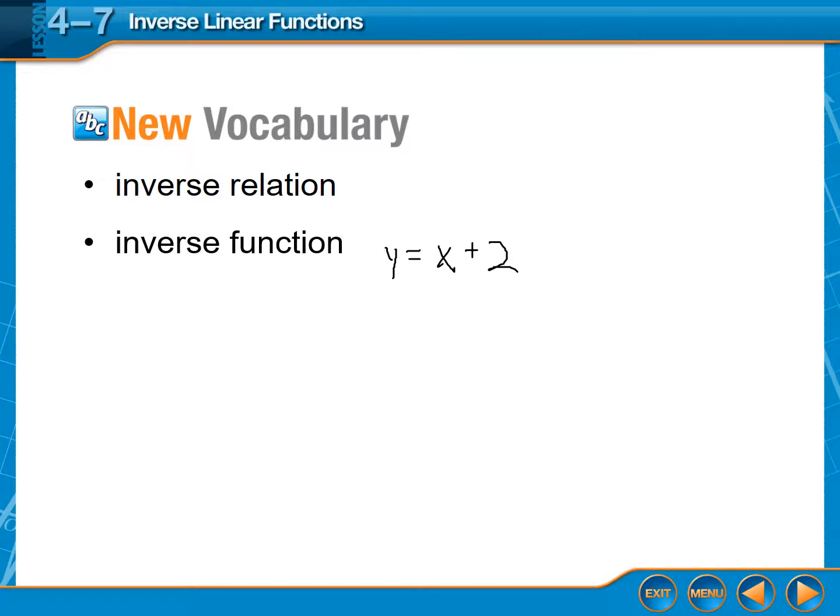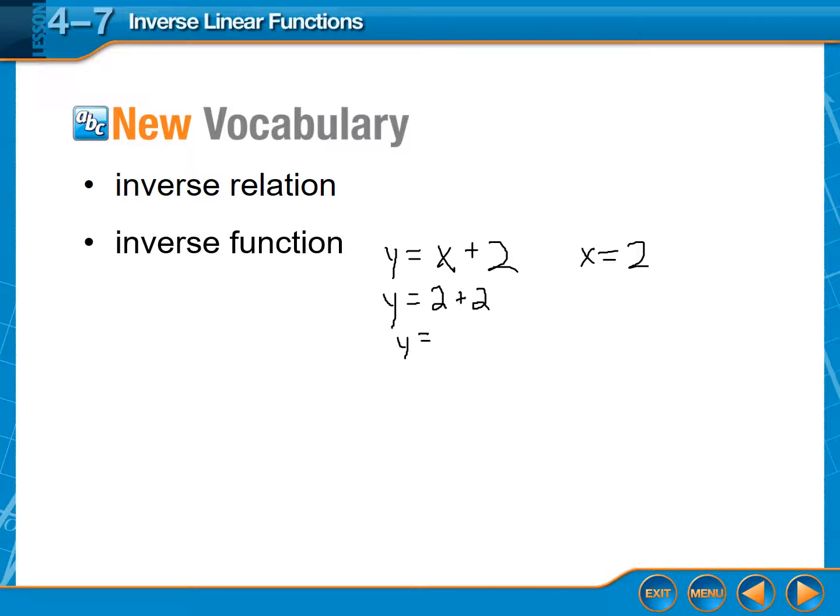If we plug in different values for x, we should be getting different y values. For example, if I say x is 2 and I plug that into my function, then y is equal to x plus 2, or in this case 2 plus 2, so y is equal to 4.